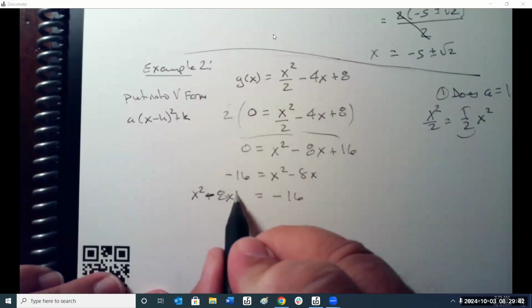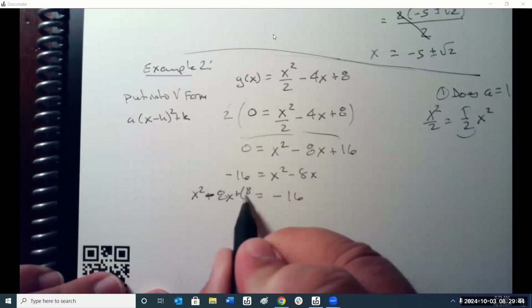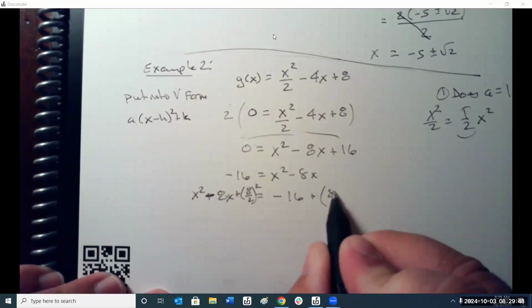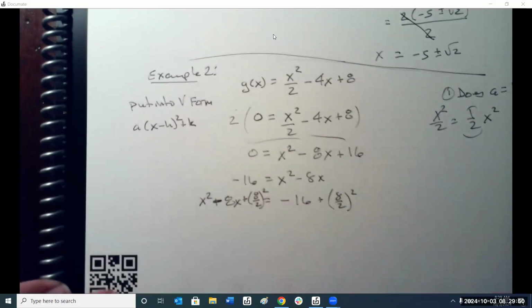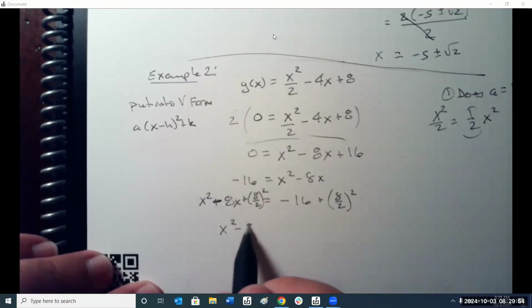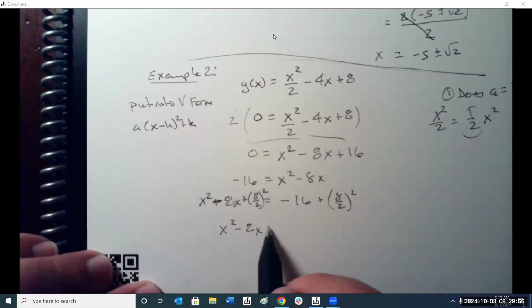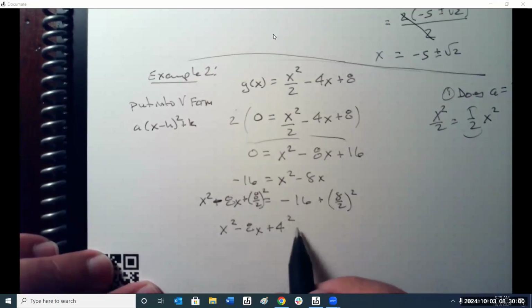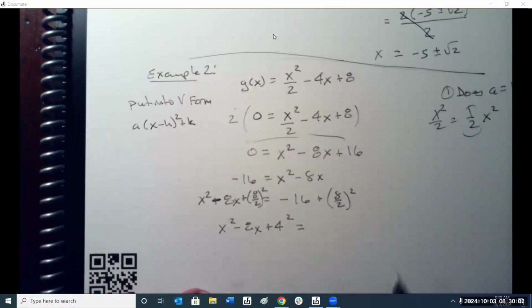We have to add b over 2 squared to both sides. So 8 over 2 squared. 8 divided by 2 is 4 squared. Remember, on the left-hand side, leave it alone.